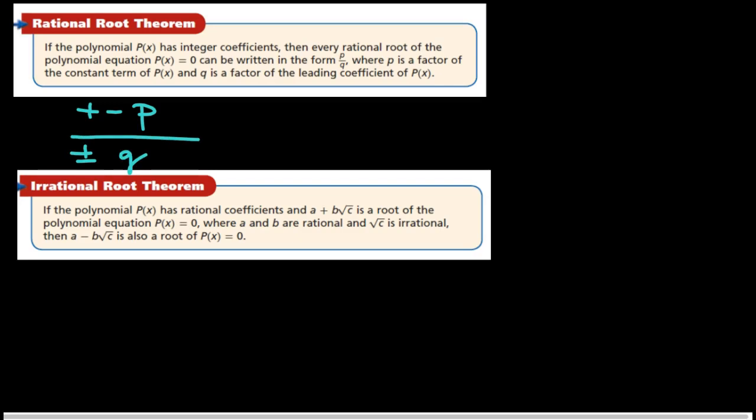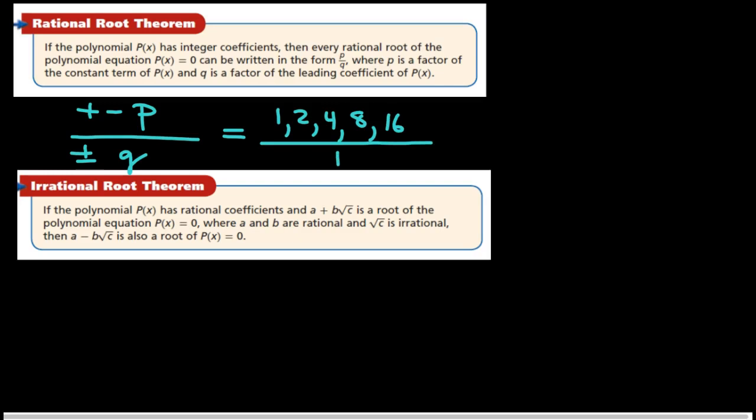So what are all the factors of p? It was 16, right? So all the factors of 16 are 1, 2, 4, 8, or 16. And all the factors of q are just plus or minus 1.